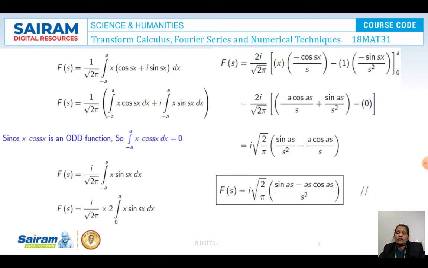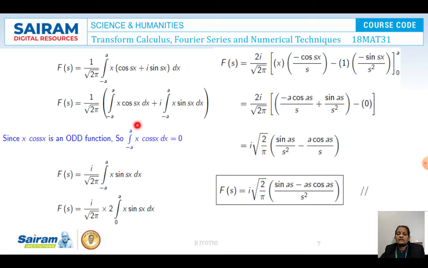Again, e to the power of isx can be simplified as cos sx plus i sin sx. That we get as x cos sx dx plus i sin sx into x dx. And here x into cos sx is an odd function, so this part will be 0.